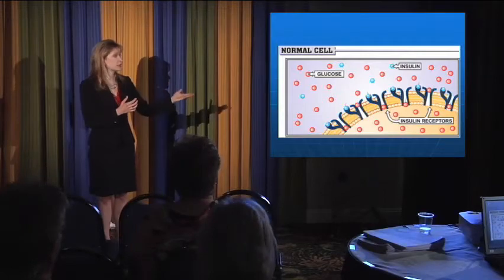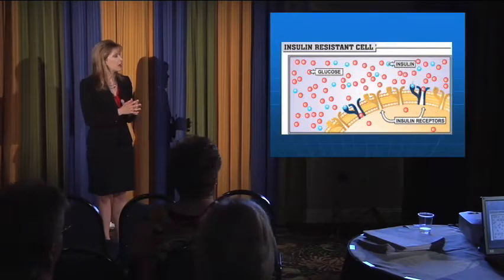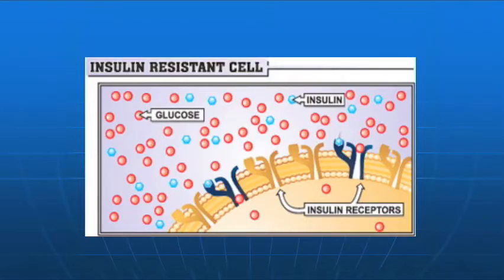Now let's contrast it to an insulin-resistant cell. What you might notice right away is there's a lot more red on the outside of the cell. So in fact, there's a lot of sugar or glucose outside of the cell, but look inside the cell in the yellow. There's not very much. If you look around, I actually counted it up, there's more insulin in this picture than the other.